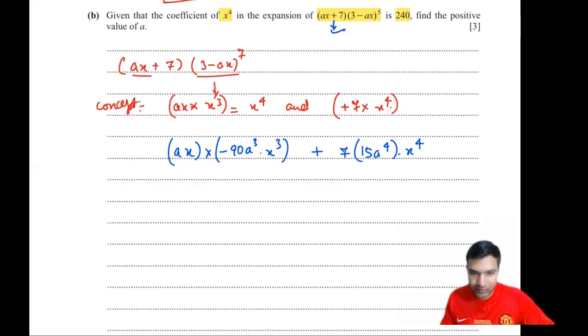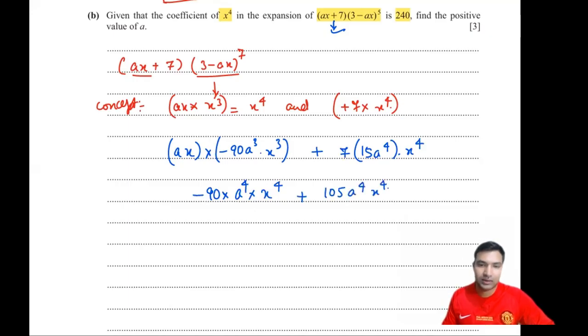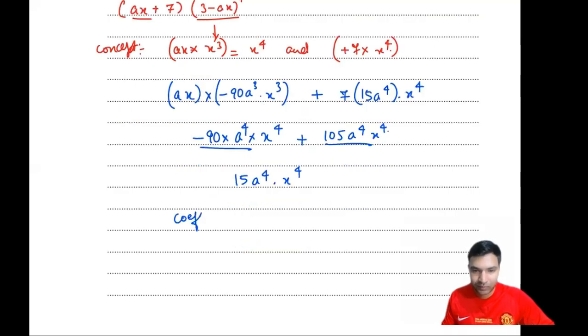Okay, so x times x will give you x to the power 4, negative 90 as it is, a cube times a is a to the power 4, plus 105a to the power 4 x to the power 4. Now these are like terms. So 105 minus 90 will give you 15a^4 multiplied by x to the power 4. Now what is given? It's given that the coefficient of x to the power 4 is 240.